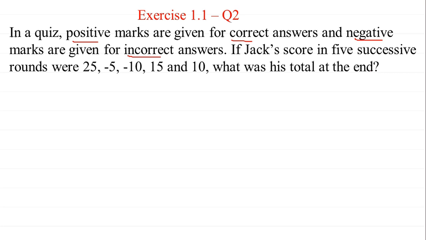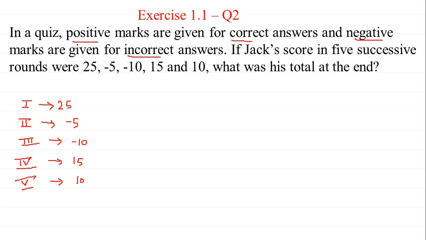So first we'll write the marks that he has achieved in those rounds. In the first round, Jack scored 25 points. In the second round, Jack scored negative 5. Then in the third, negative 10. In the fourth round, 15 points, and in the fifth it's 10.